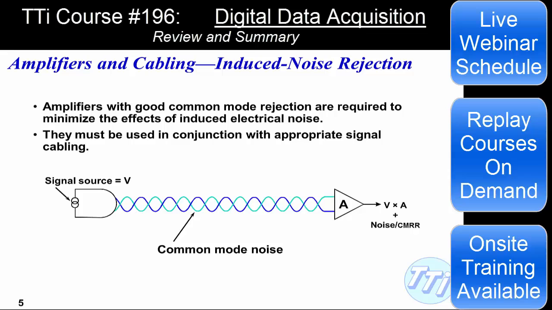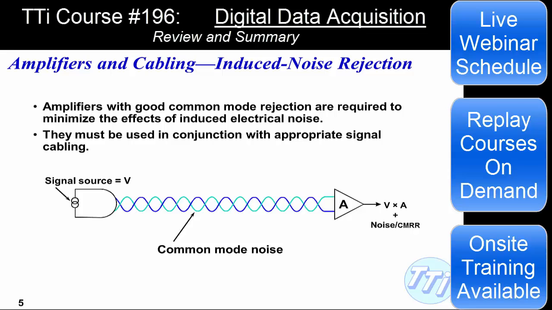Amplifiers and cabling. This is one of the places where a lot of data acquisition systems fall short. If we're measuring small signals, such as from thermocouples or strain gauges, we need to use good amplifiers with good common mode rejection if we're expecting to get decent results.